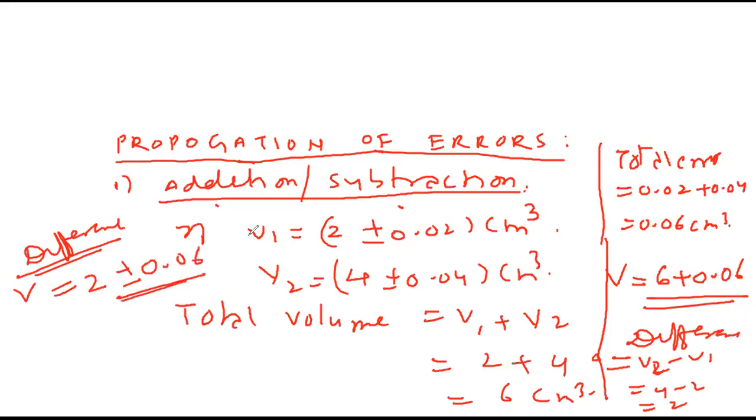Is that clear? For a difference it is larger minus smaller, but the error is always added. So whenever you are adding or subtracting, error is always added. This you keep in mind. Write one example which I have written on the screen.